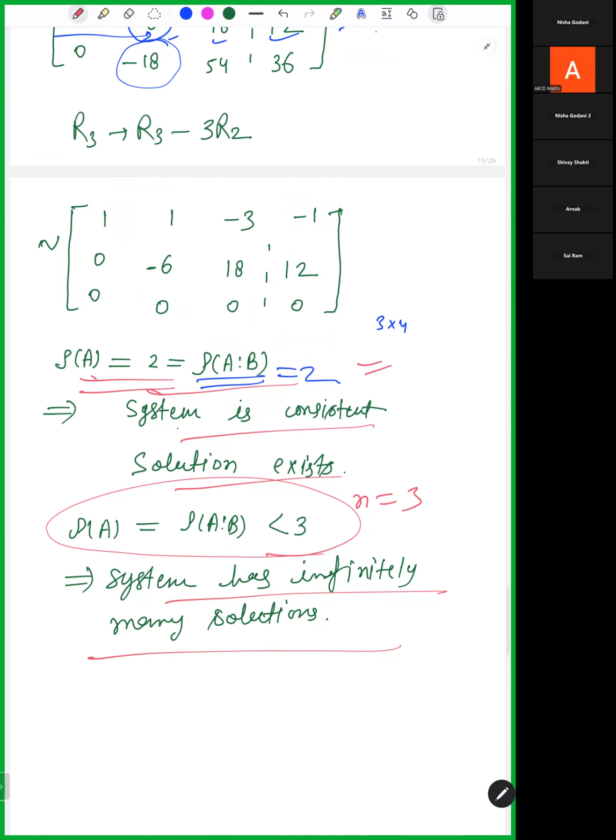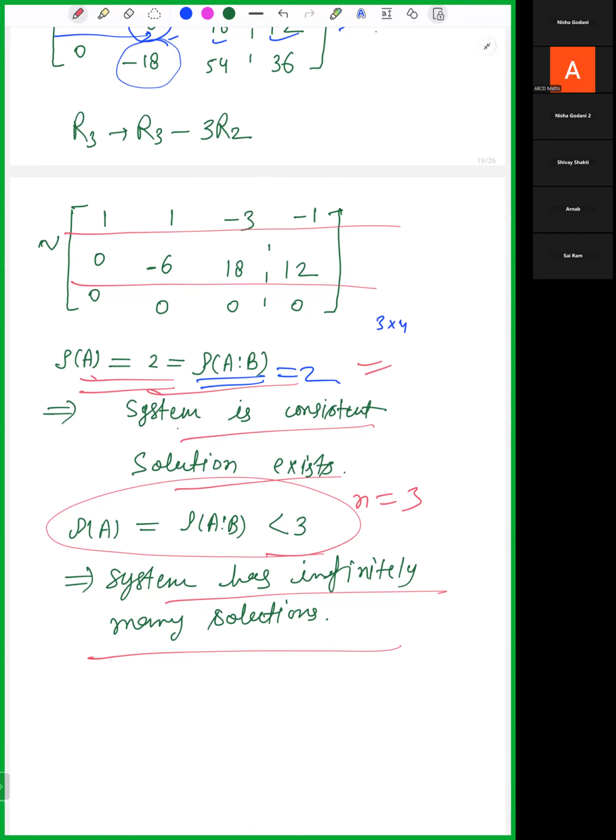See, again you will move from last non-zero row to first non-zero row. But you can see that if you write equations, you have two rows, three unknowns. Means you lack one equation. If there are three variables, there must be three equations. But you have one equation less. Okay.